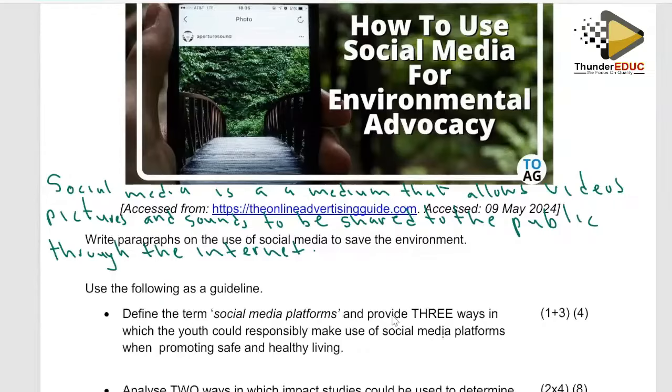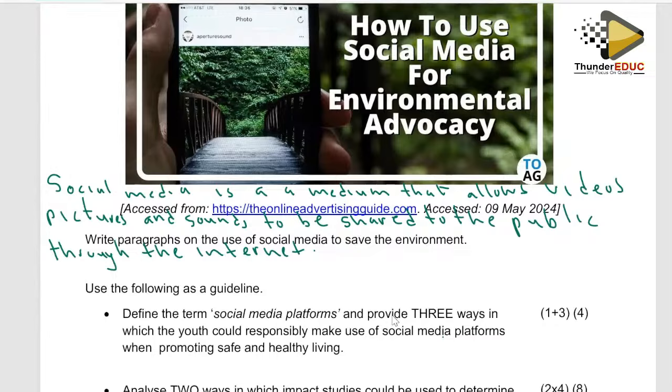Secondly, you can also say that it is an electronic way for the public to update each other about their daily activities, important moments via posts, feeds, and stories. You can also say that these are online tools that allow individuals to show appreciation for another's views, information, videos, pictures through likes. So that is the definition of social media.